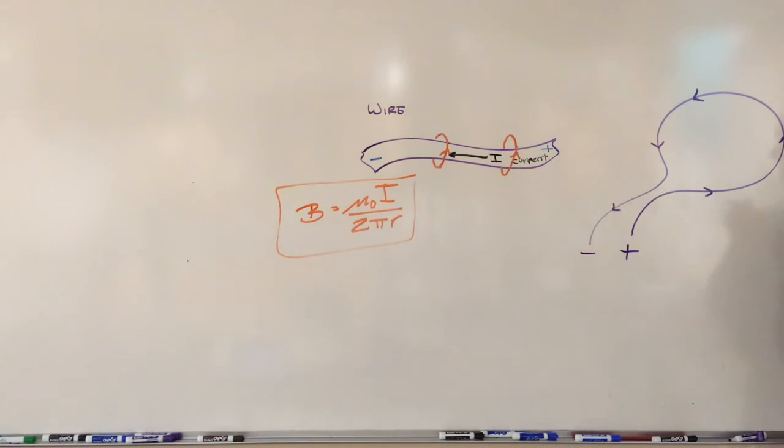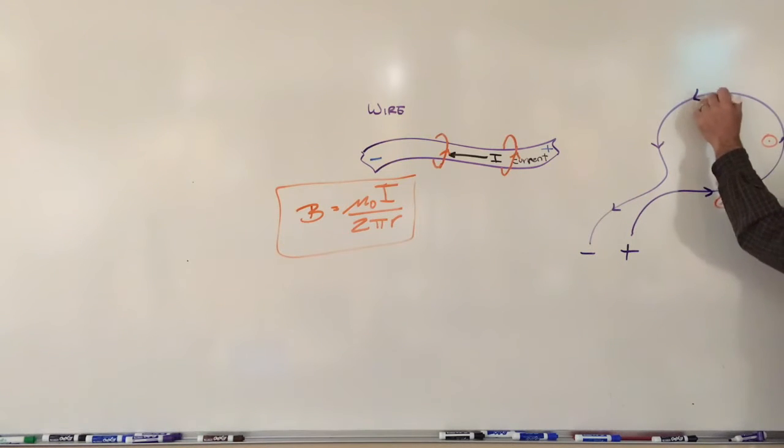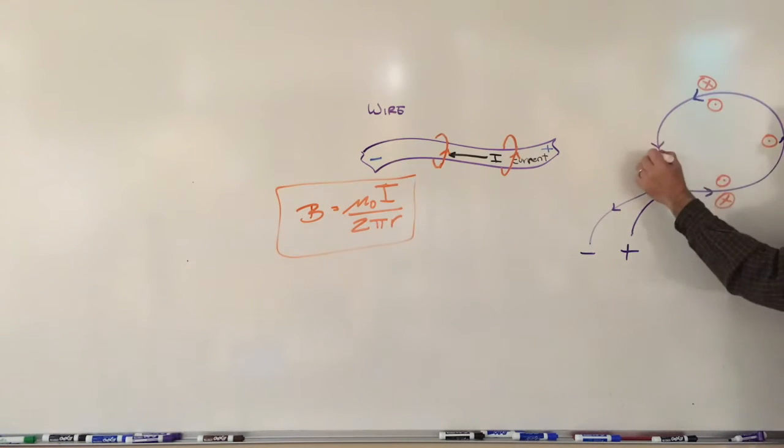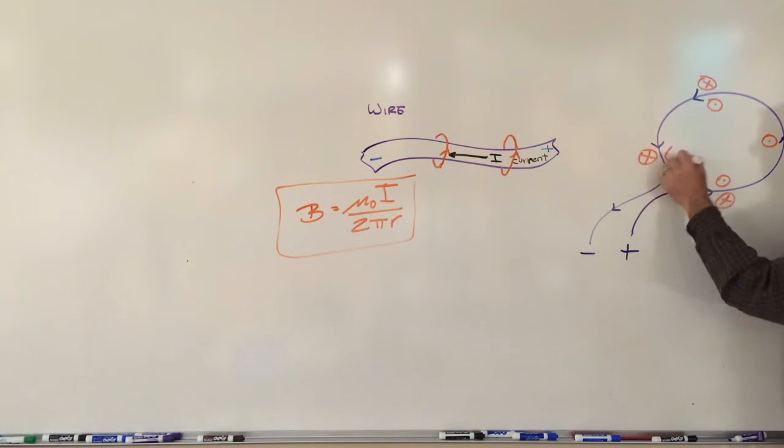So what we really have is a bunch of little dots and X's at each location. I hope that you are verifying that with your hand right now.